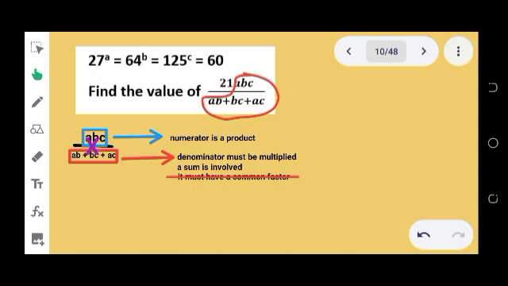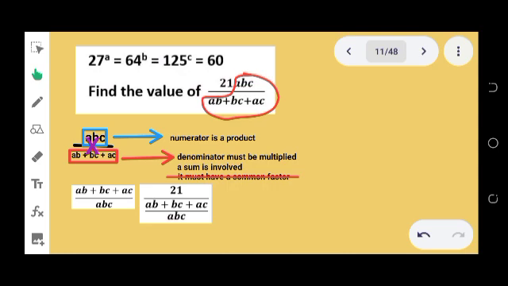So we rewrite the given as AB plus BC plus AC over ABC. That means the original expression becomes 21 over AB plus BC plus AC over ABC. So now, let us try to simplify this part here.